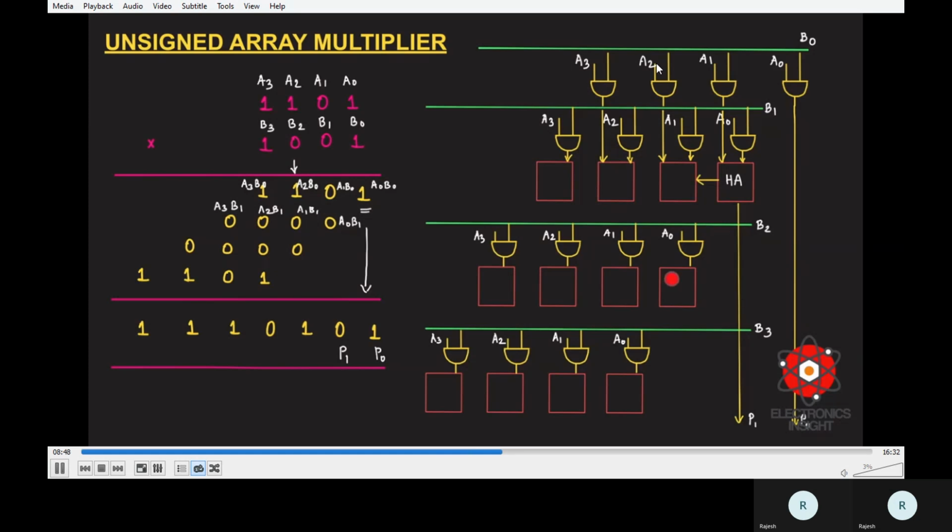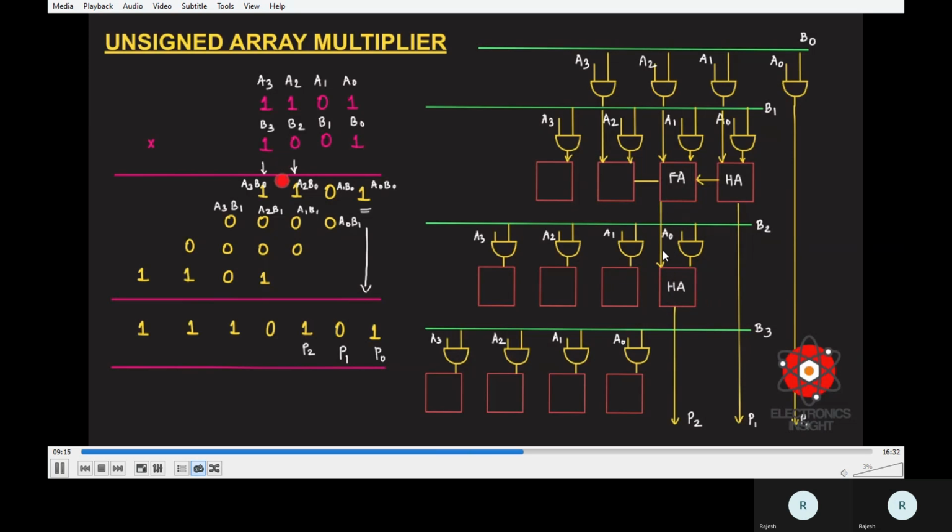Now in the third case, A2 B0 plus A1 B1, plus the carry from the half adder, will require a full adder. Whereas in the third row below, you are going to sum only two values.